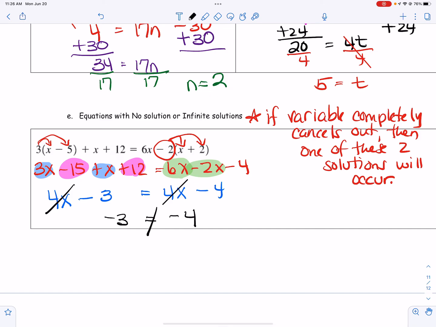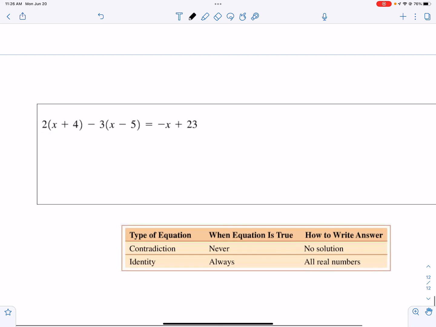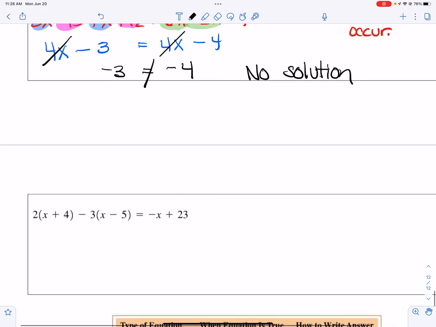Well, that is never true, folks. Negative 3 will never equal negative 4. There's no x I can choose that will make negative 3 equal negative 4. So in this instance, we will have no solution, okay? And we call that a contradiction.